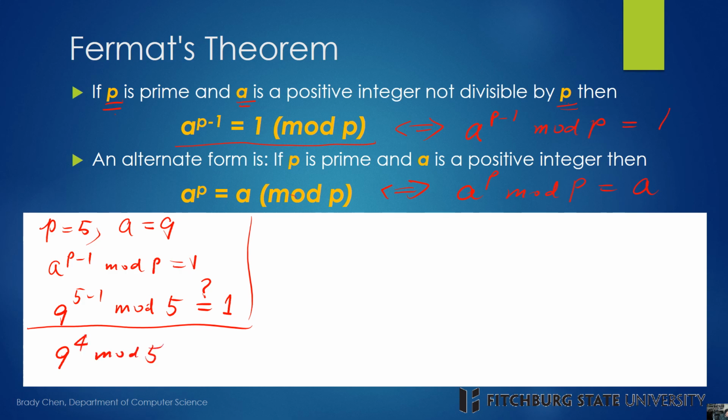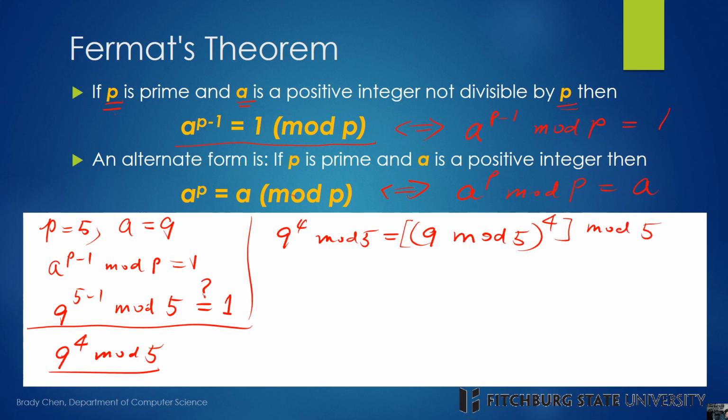How can I calculate this? We can use the properties of modular operations. So 9 to the 4 mod 5, we can write as 9 mod 5 to the 4, mod 5. 9 mod 5 is 4.